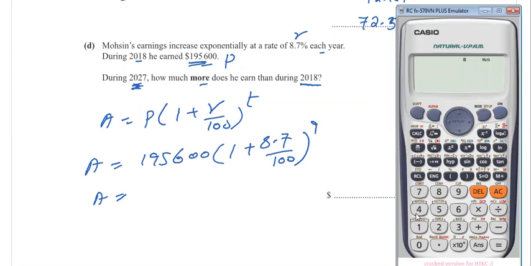So we can calculate it: 195,600 times 1 plus 8.7 over 100 to the power 9.